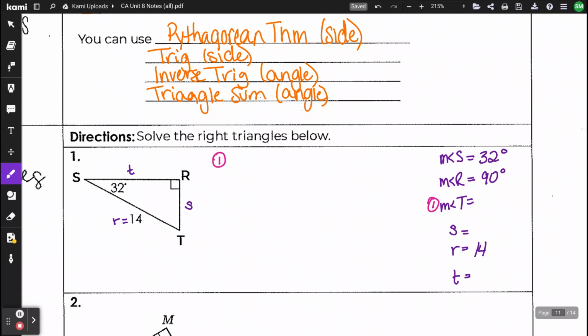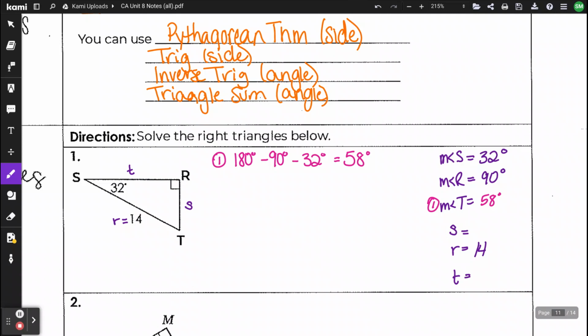Remember, all three angles in a triangle add up to 180. So if I take 180 minus 90 minus 32, we get 58 degrees. So that would be the measure of angle T. Easy peasy.